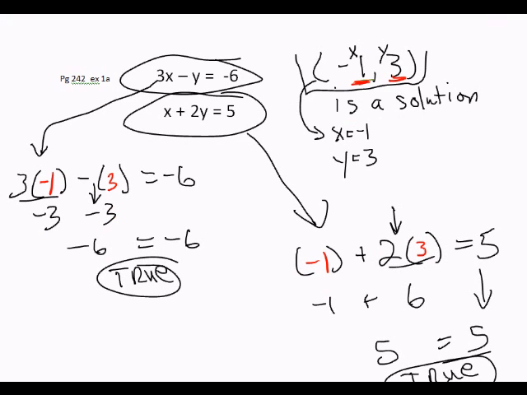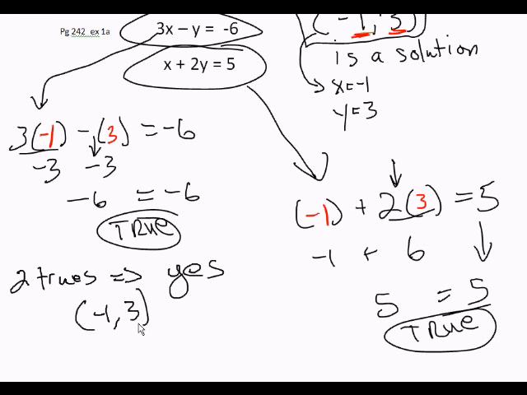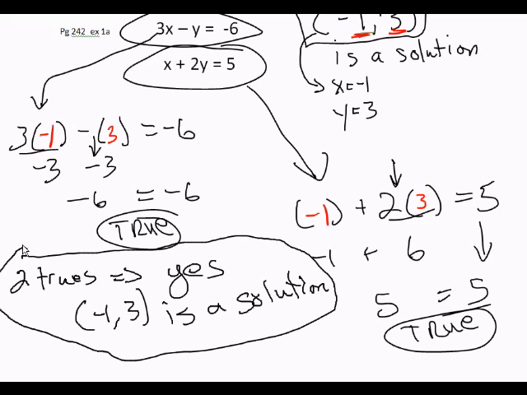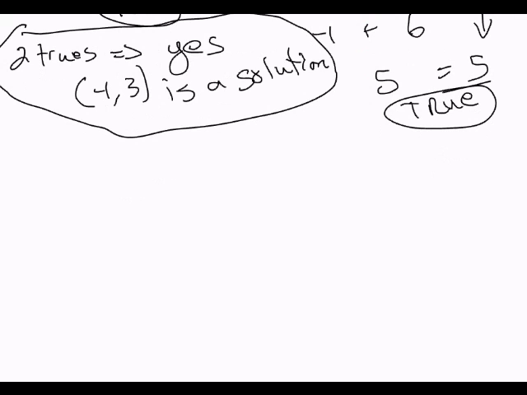So if you plug the numbers into both equations, and you get true, true, two truths, then your answer is yes, negative 1, 3 is a solution. If you end up with two true statements, negative 6 equals negative 6, 5 equals 5, then you say yes, negative 1, 3 is a solution.